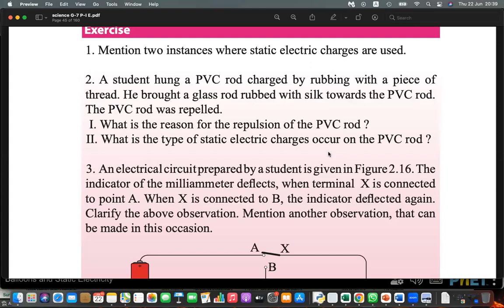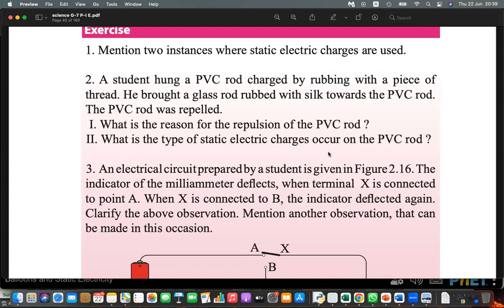Okay. What is the reason for the repulsion of the PVC rod? Why is there a repulsion? Yes, what can be the reason? Because they are like charges. Yes, they are like charges, meaning they both carry the same charge.